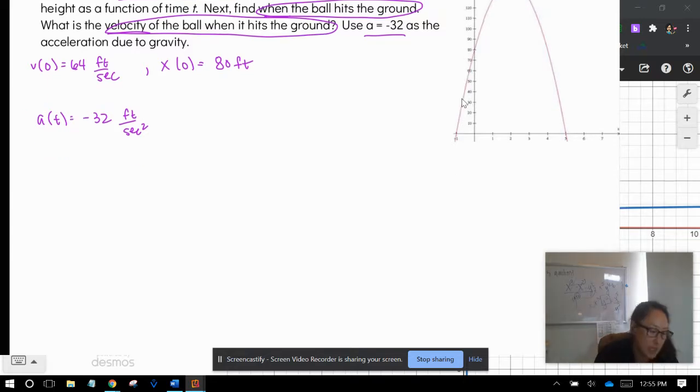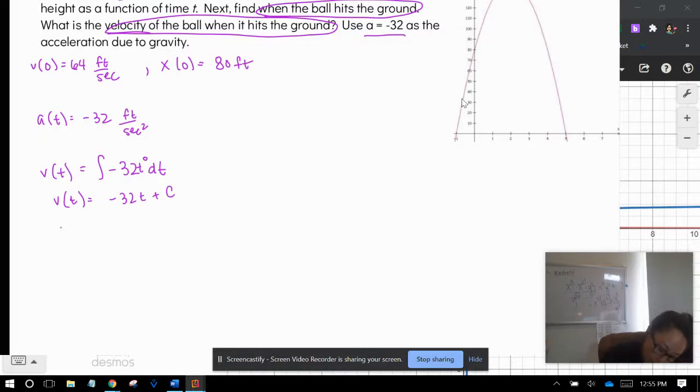So how do I take the antiderivative? We're going to take the antiderivative of negative 32 with respect to time, and when I do that I'm going to end up with the velocity. So I get v of t is equal to negative 32, that's t to the 0, so this becomes t, plus c.